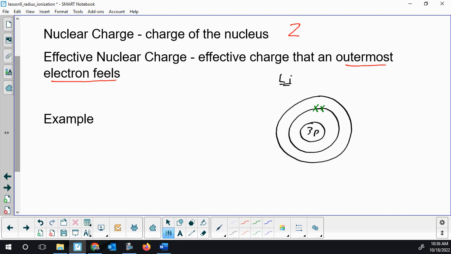Hopefully they did. That's because they're in the same orbital. That's 1s, 2 electrons. Then we've got 1 more electron on the outside. That is our outermost electron. Effective nuclear charge is what does that outer electron feel net. So I'm going to recolor code that. I'll make that one red. Our core is green, our valence is red.